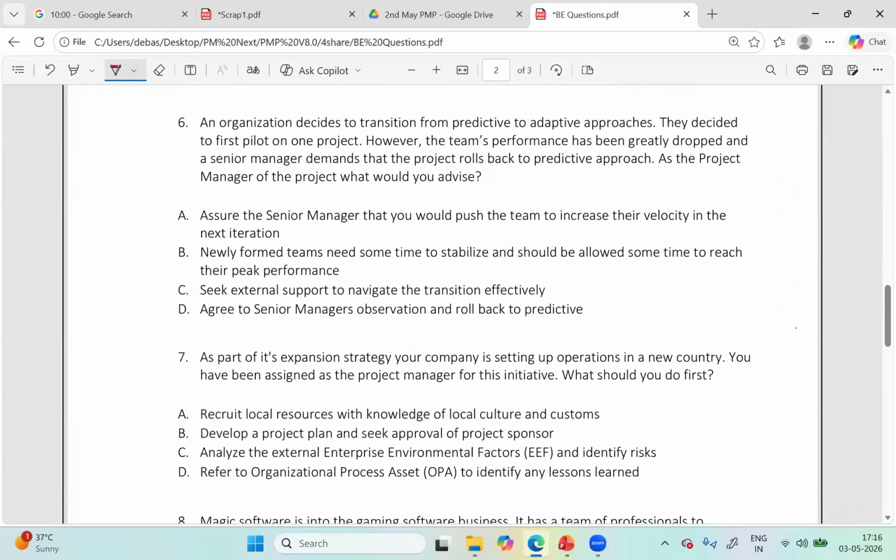Okay, 6 then. 6, organization decided to transition again. They decided pilot teams for, oh, look, interesting. Team performance has greatly dropped and senior management demands the project to roll back to predictive. Let's pause here.